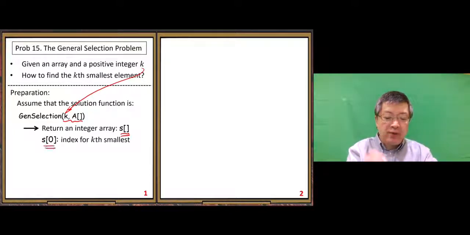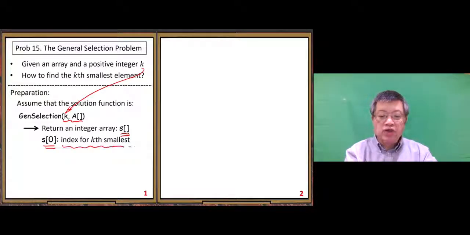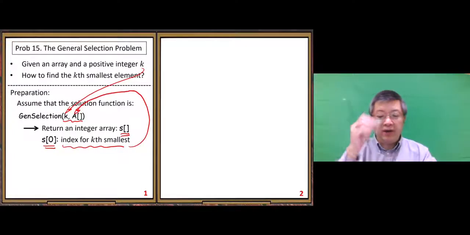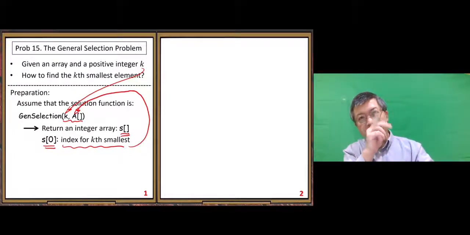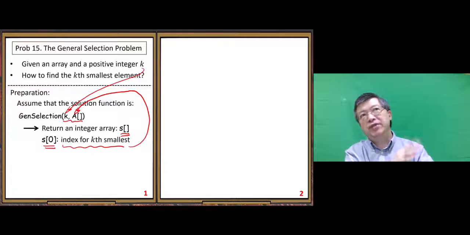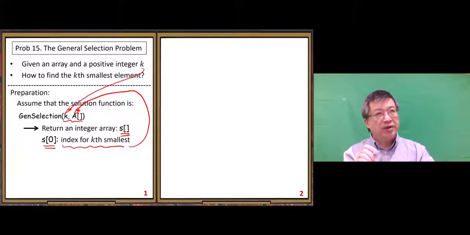S0, the first element in the array, is the index of the k smallest element in A array. That's the first element. But we need more information than that. So that's the first one. The k smallest.